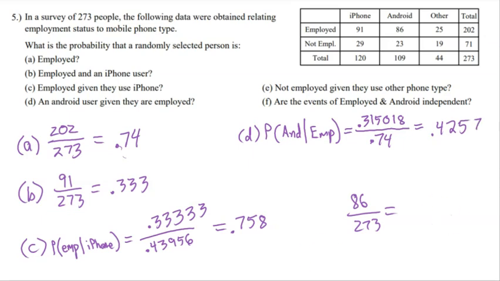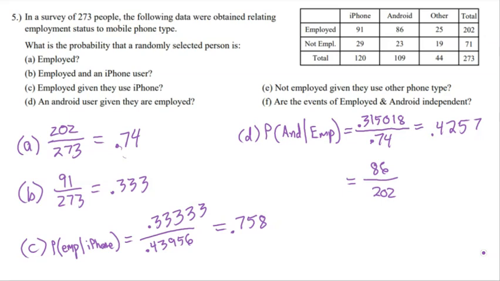Now I want to show you something. There's actually another way of doing the conditional probability problems. Basically, you can put the Android and employed in the numerator, 86, divided by the employed number, which is 202.